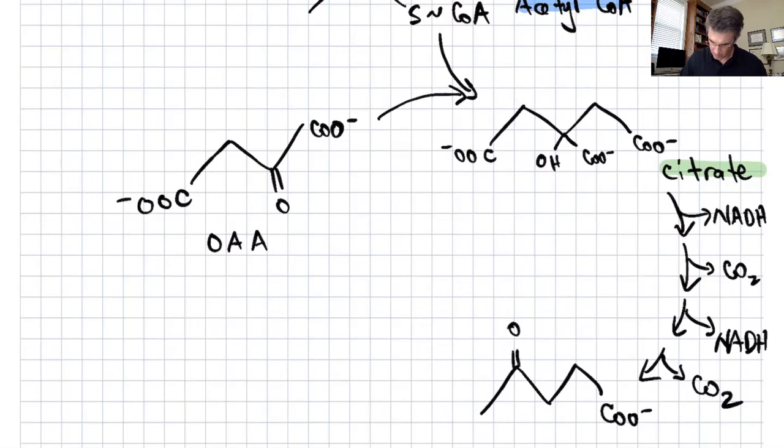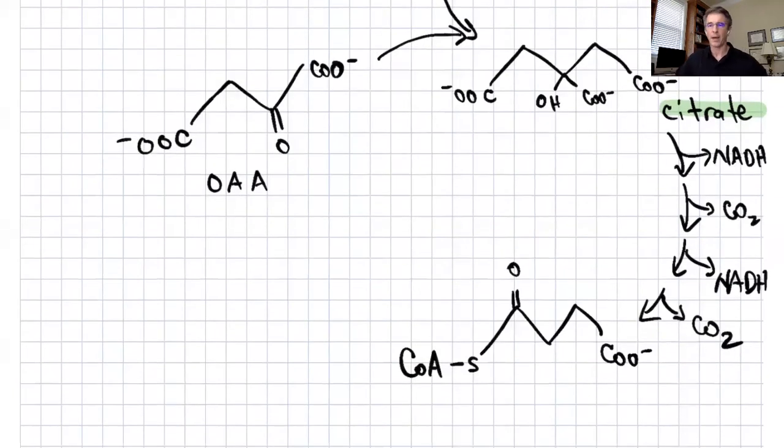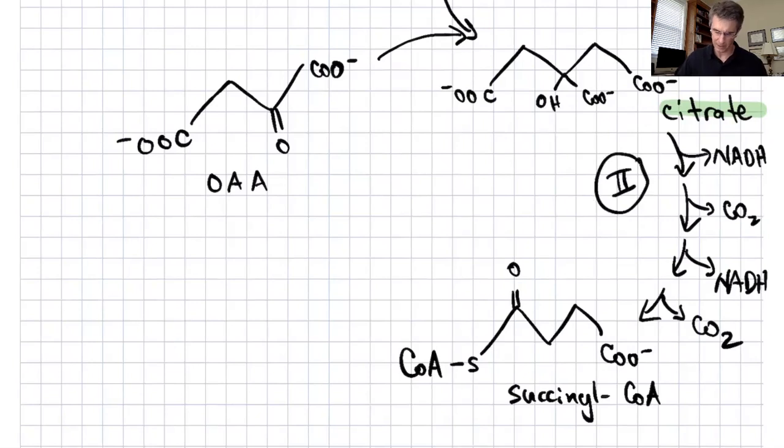So we're going to use CoA again. We're going to launch a couple of CO2 groups off of citrate to create succinyl-CoA and a whole bunch of NADH. Succinyl-CoA gets us halfway around. All of that is what I call phase two of the citric acid cycle.